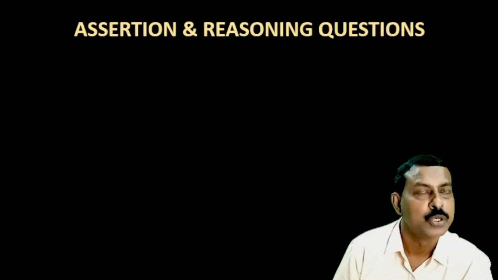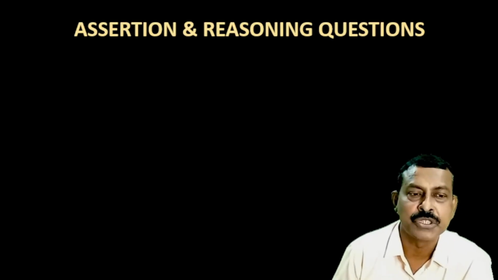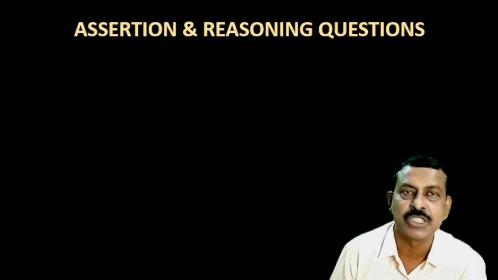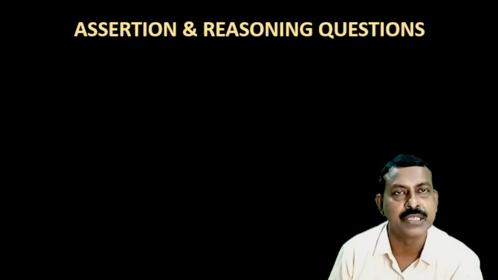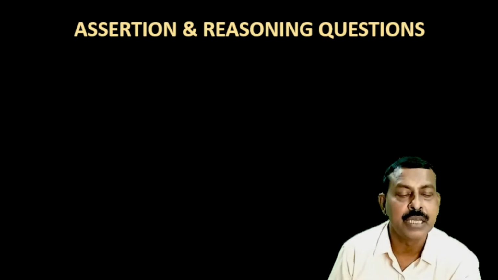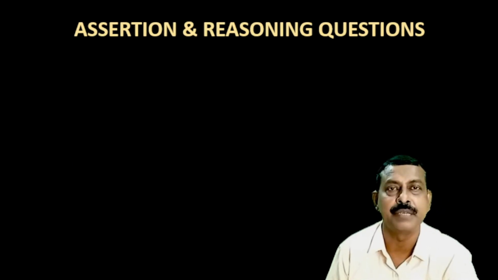Now, why is it so? We'll discuss now. First let's see what assertion and reasoning type questions are. You will be given 2 statements, one is the assertion and the other is the reason. Then 4 options will be given.